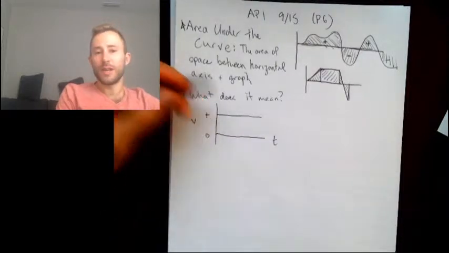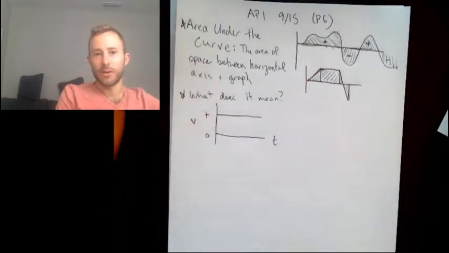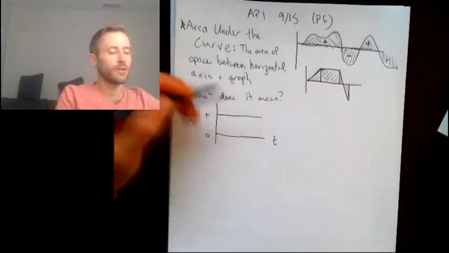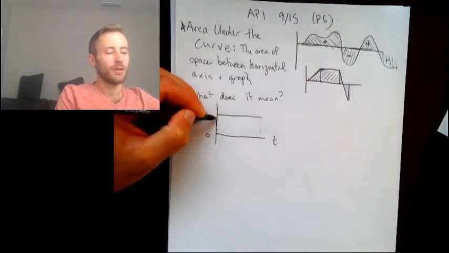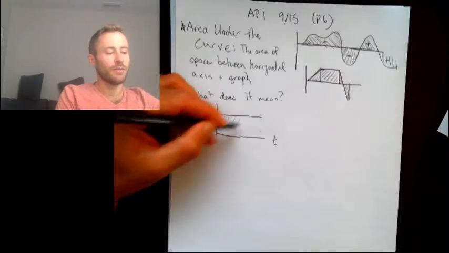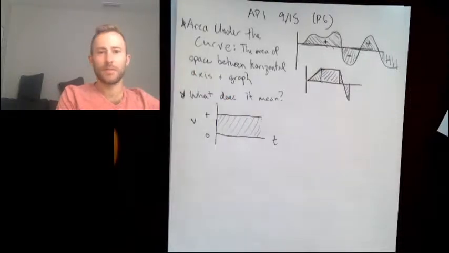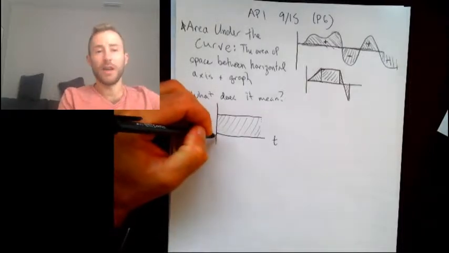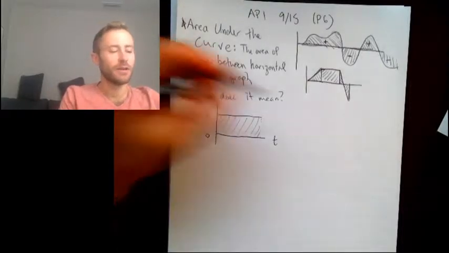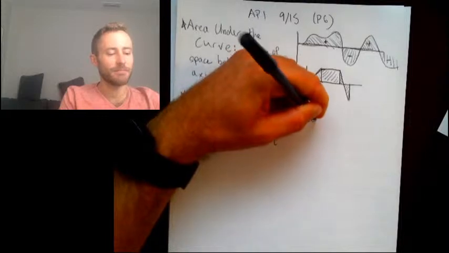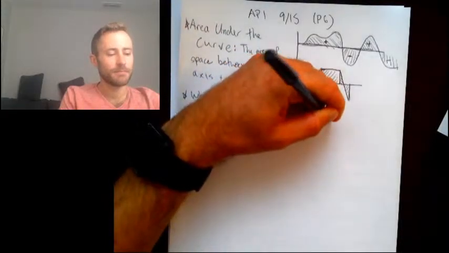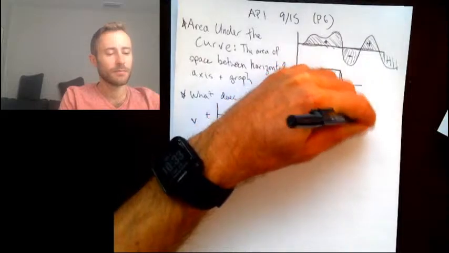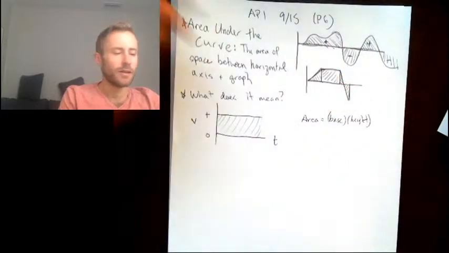Okay, now what if we calculated the area under the curve for this graph? Well, the area under the curve would just be the area of this rectangle, okay? And the area of a rectangle is base times height. Okay? Now, what is the base?